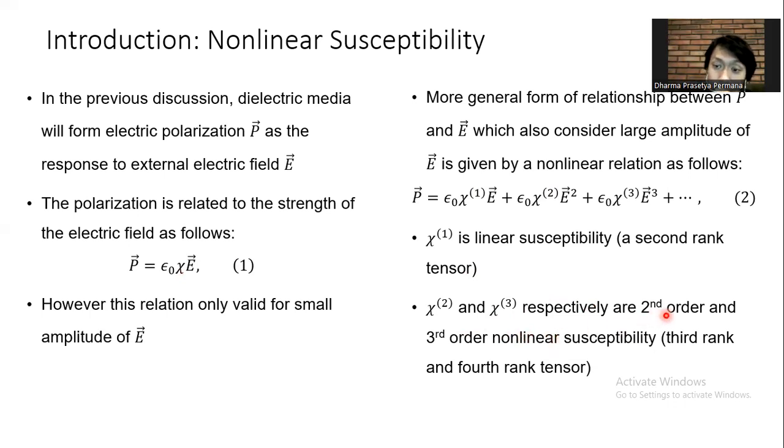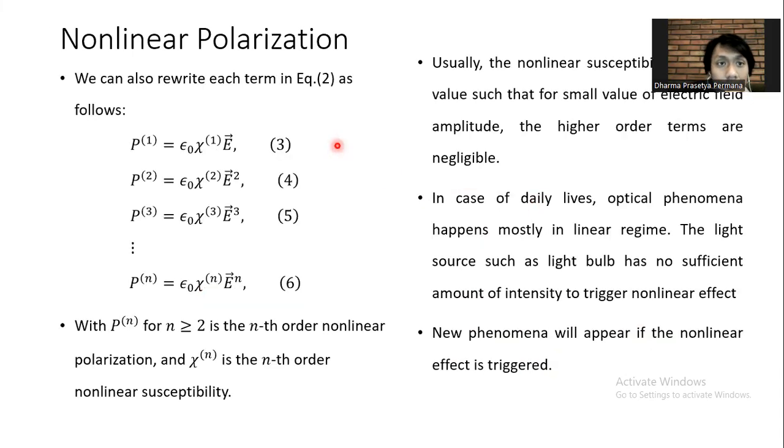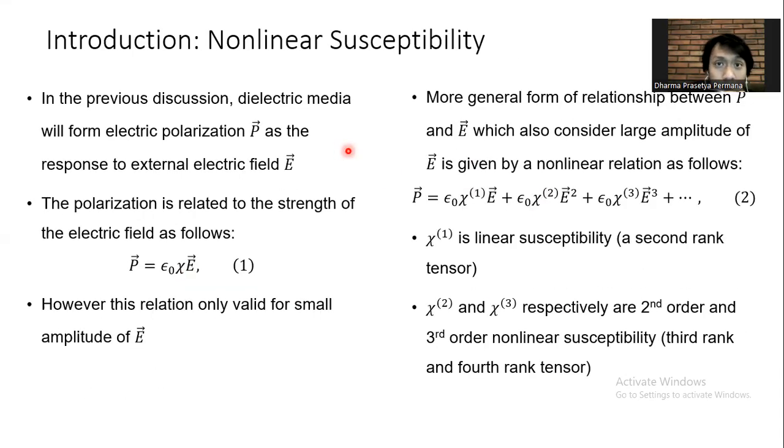The second order susceptibility is a third rank tensor, and the third order susceptibility is a fourth rank tensor. So as the electric field order in the relation to the polarization increases, the tensor which relates to the nonlinear interaction also increases in order. Okay, so this is the introduction about nonlinear susceptibility.